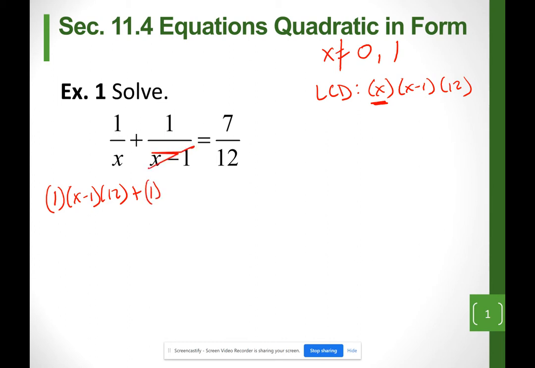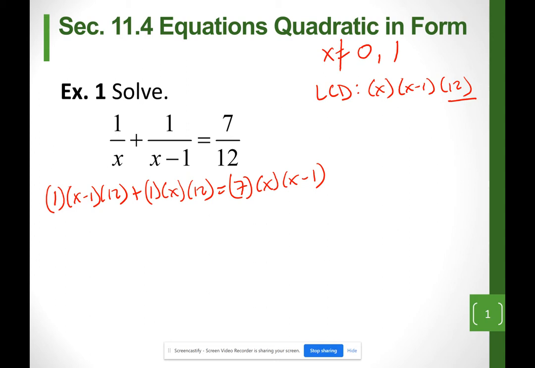If I get rid of the x minus 1 on my LCD, I'm left with an x and a 12. Equals, I have a 7 from the top of my fraction. If I cancel the 12 on my LCD, I'm left with an x and an x minus 1. I got rid of fractions. I used my least common denominator to get rid of fractions.